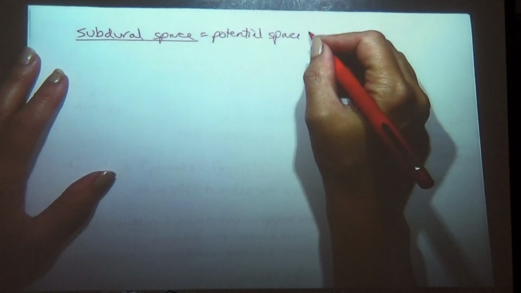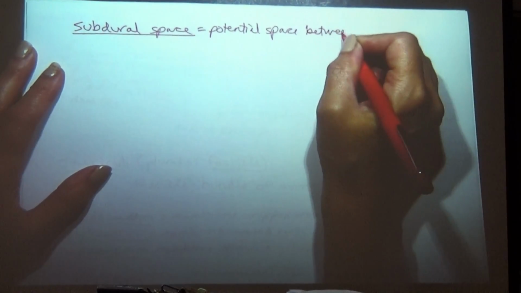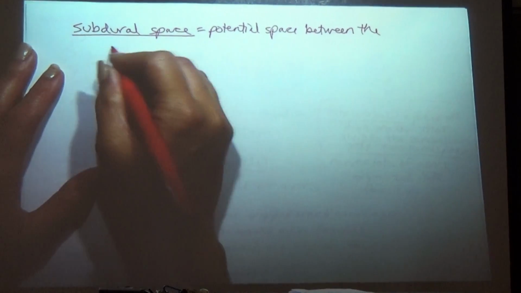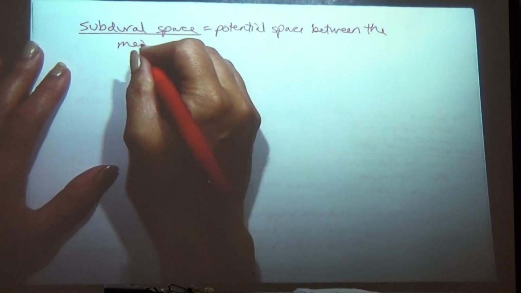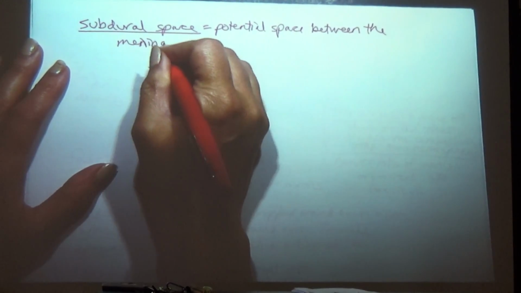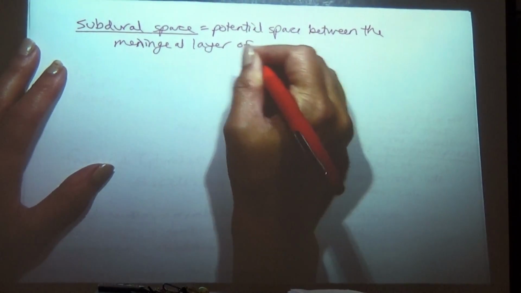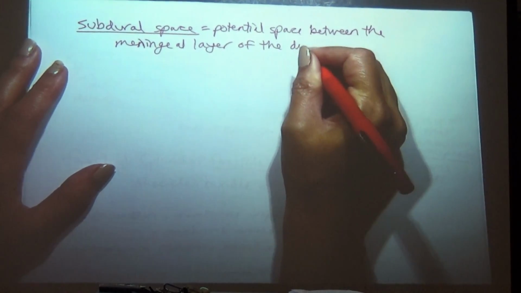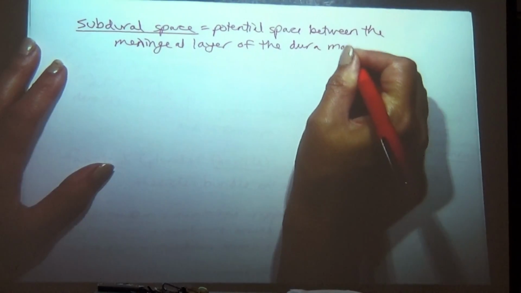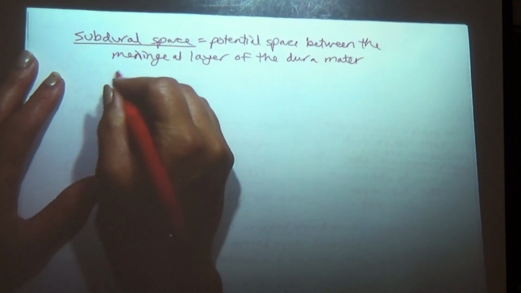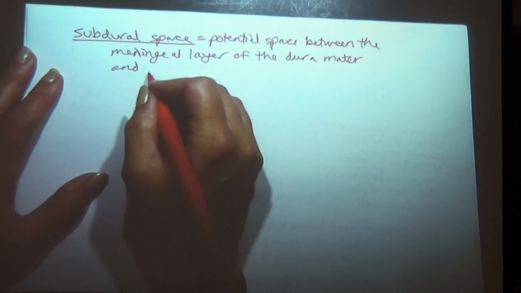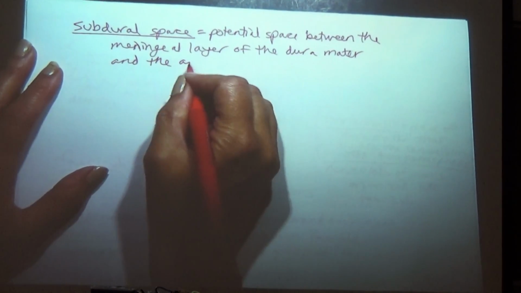And it is between the meningeal layer of the dura and the next layer in, which is called the arachnoid mater.